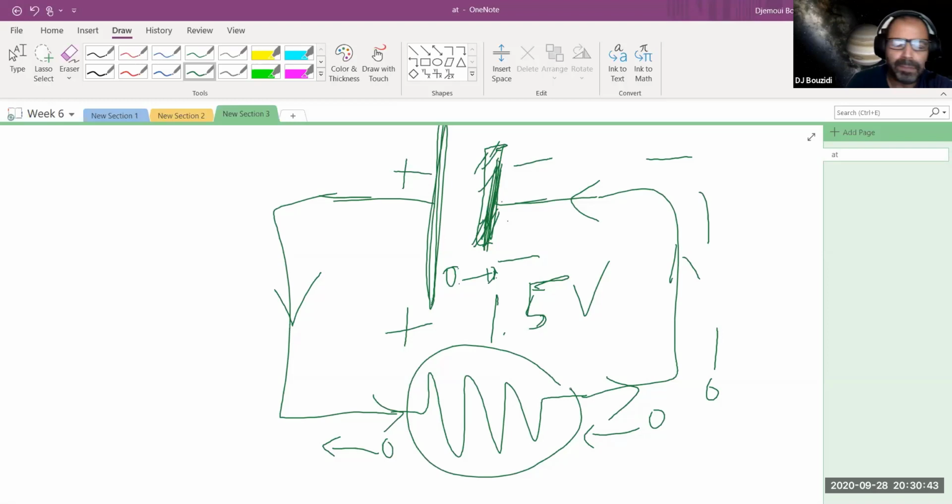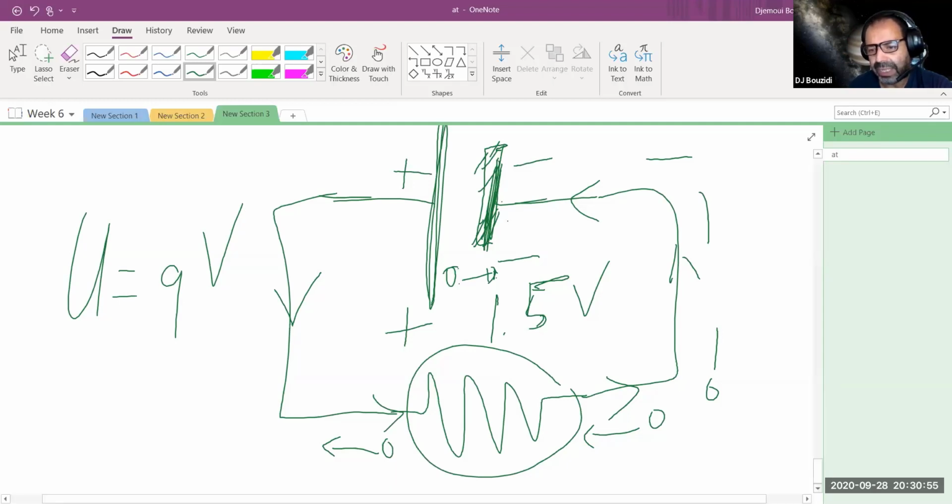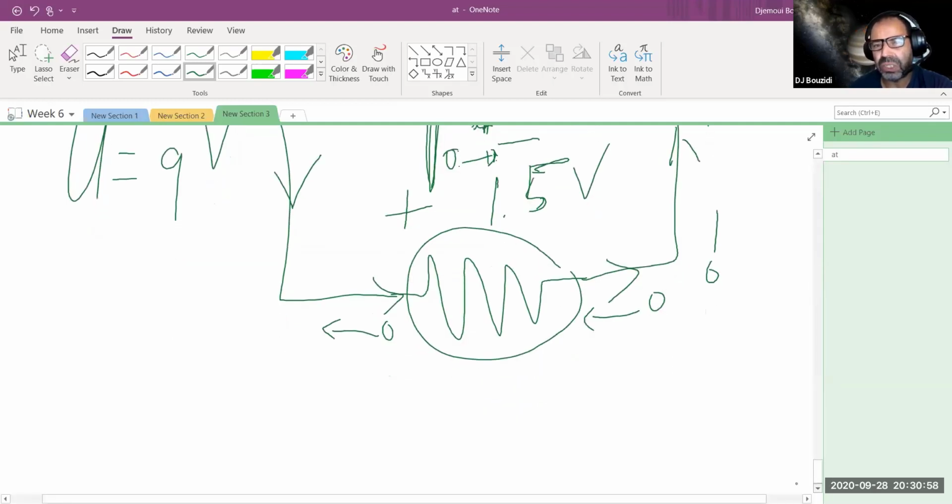And if you remember from way back when we did the electric potential, the energy U is equal to QV. Except in the case of the battery, I'm not going to use the symbol V, I'm going to use the symbol epsilon, capital epsilon, big epsilon. What I'm saying is the following.